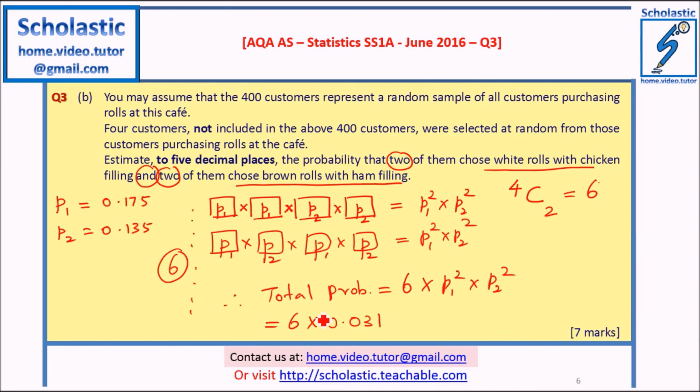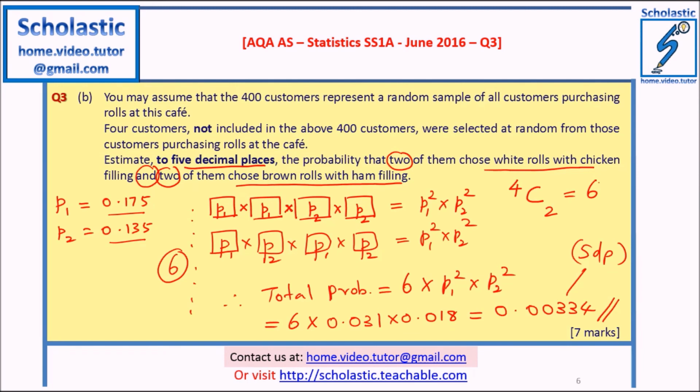We know P1, so square it and put it here, and P2 squared is equal to 0.018. So when you multiply all of these, you get the final probability 0.00334 to 5 decimal places as requested here.